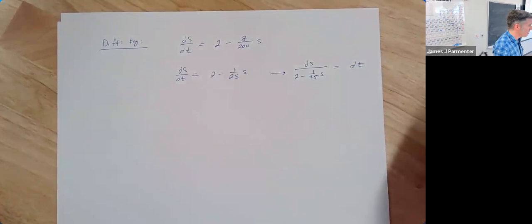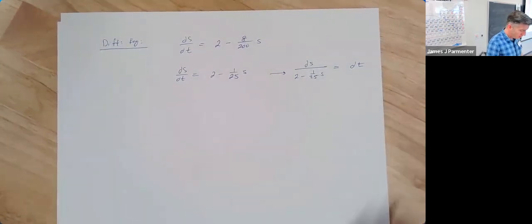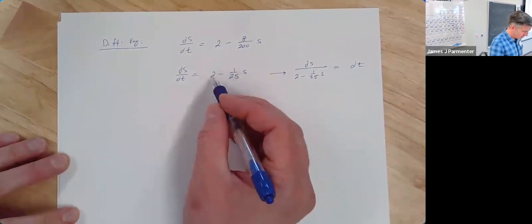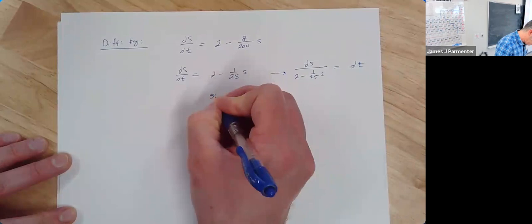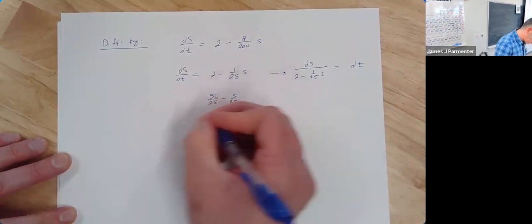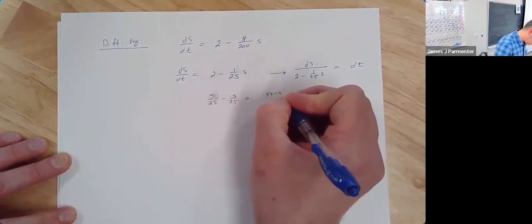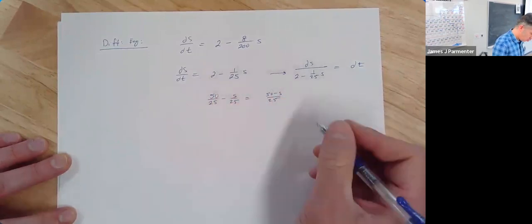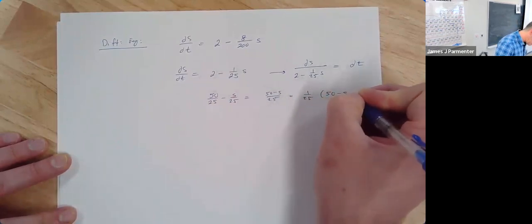But it's a little bit gross to read. It's not impossible. Or you could rewrite this first as, well, 25 times 2 is 50, so this is really 50 over 25 minus s over 25, which is really 50 minus s over 25, or 1 over 25 times 50 minus s.